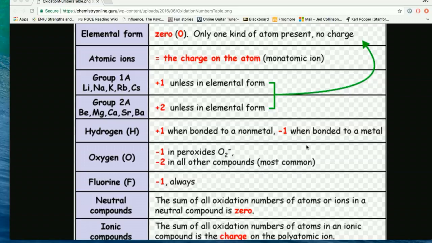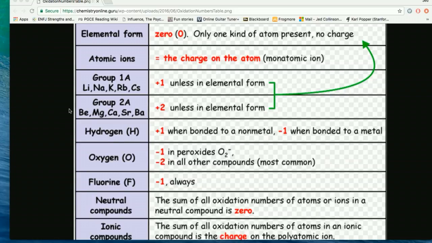What you see on the screen now are the rules of assigning oxidation numbers to atoms. Any element, starting with number 1, has an oxidation number of 0. So this is a pure metal, a solid metal, diatomic gases like oxygen or chlorine. Each of those atoms in those pure elements has an oxidation number of 0. Atomic ion, so an ion with only one element, whatever the charge is, that is the oxidation number.